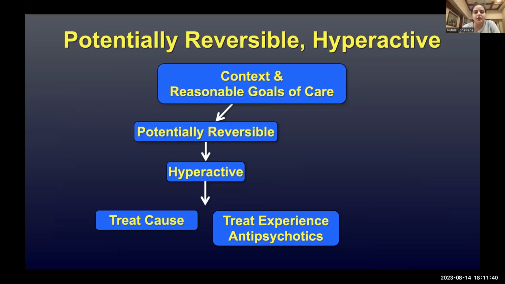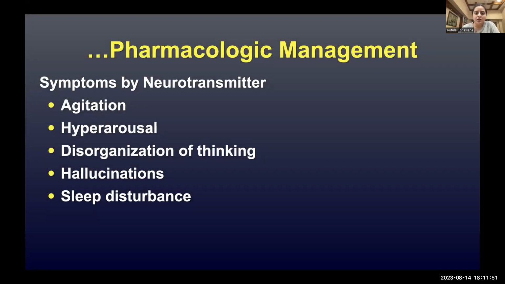So as I said, it can be either hyperactive or hypoactive delirium. So if it's a hyperactive delirium, you basically will have to treat them with antipsychotics. Because the symptoms usually are agitation, hyperarousal, disorganized thinking, hallucinations, and sleep disturbances. So basically, you need some medications to manage all these symptoms so that they are comfortable.